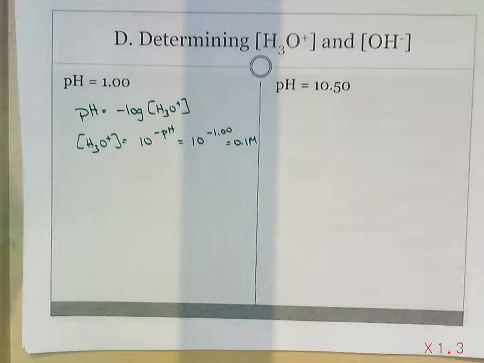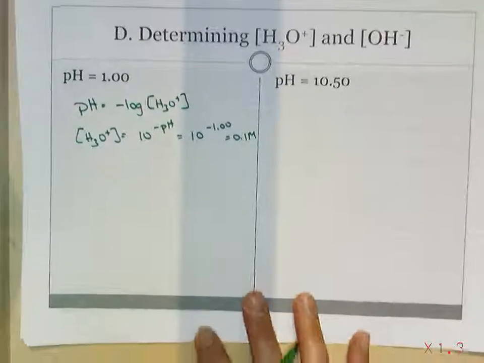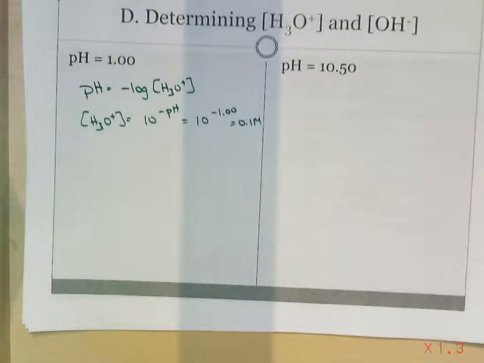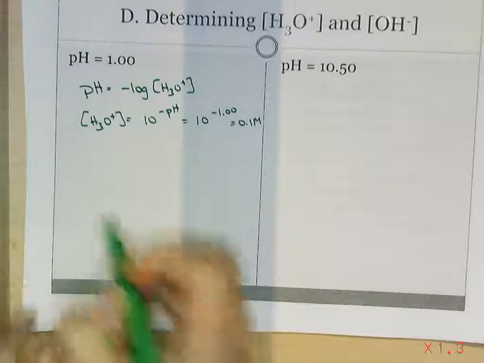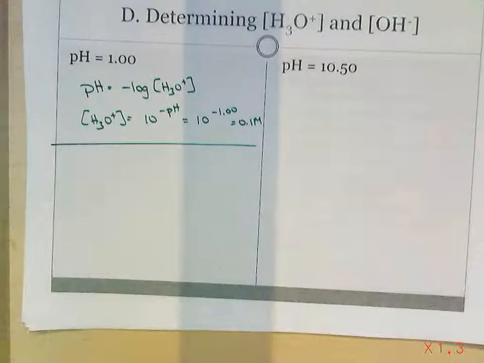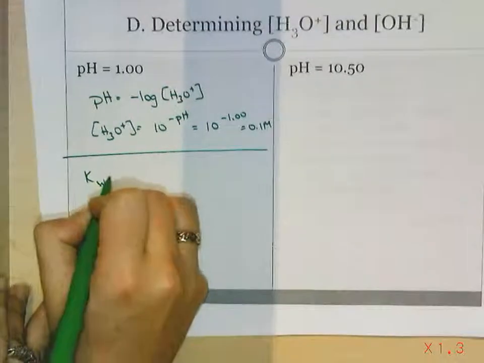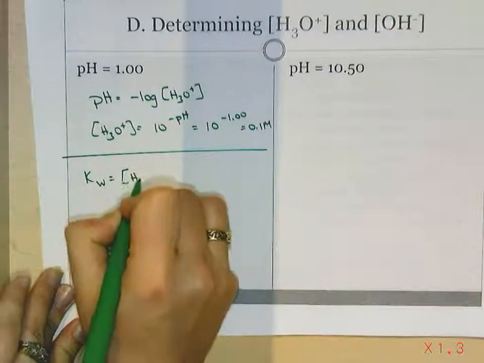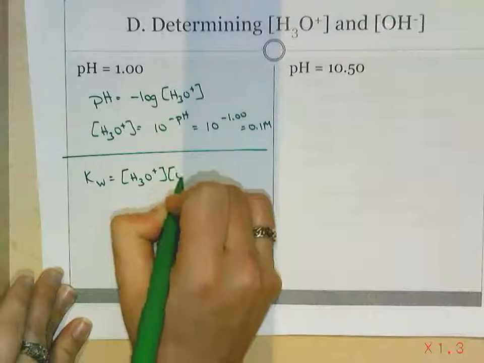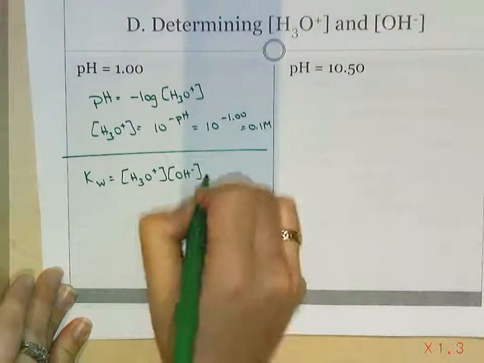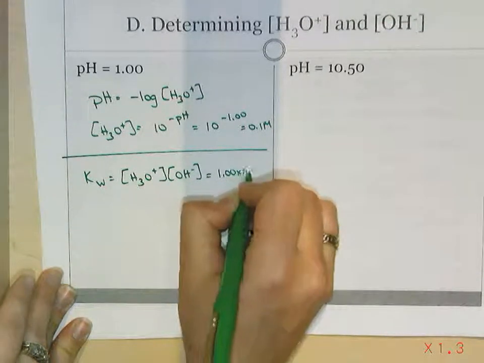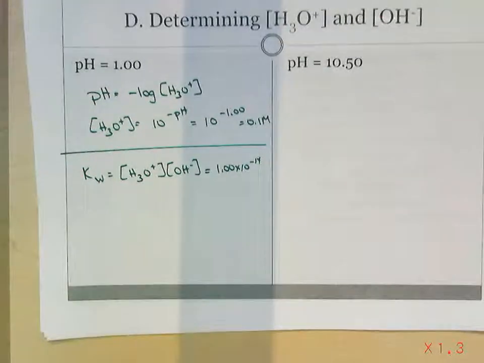All right. So then the flip side of this question is, how do I go about figuring out the OH concentration? Well, if Kw is this, I could say this.